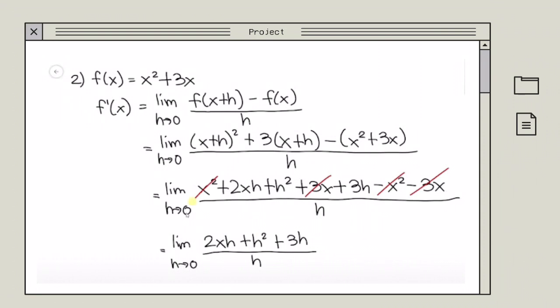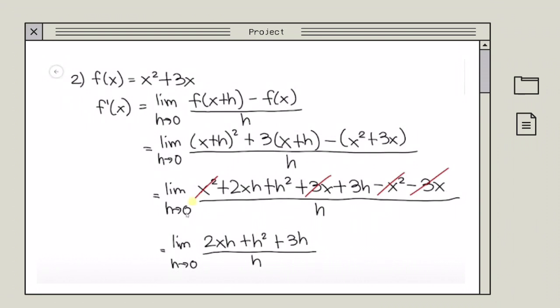So, para mas lumiit yung value niya and mas madali natin mahanap yung derivative, we can factor out h kasi ang dami nating h dito.